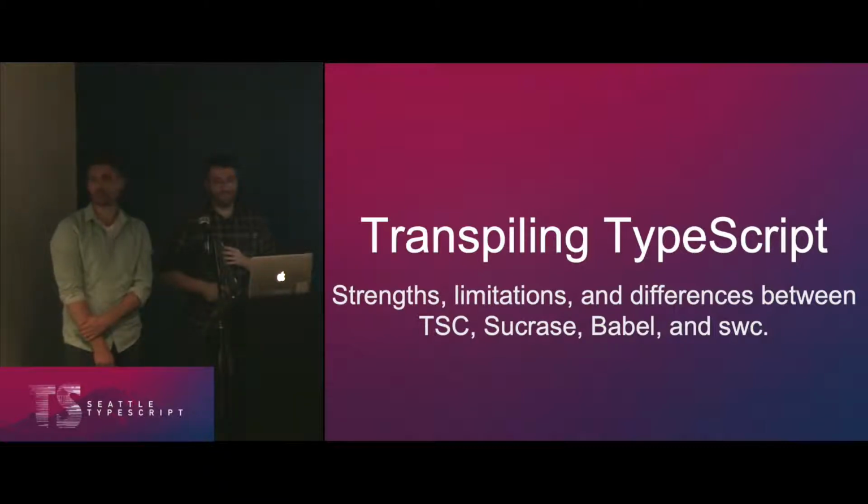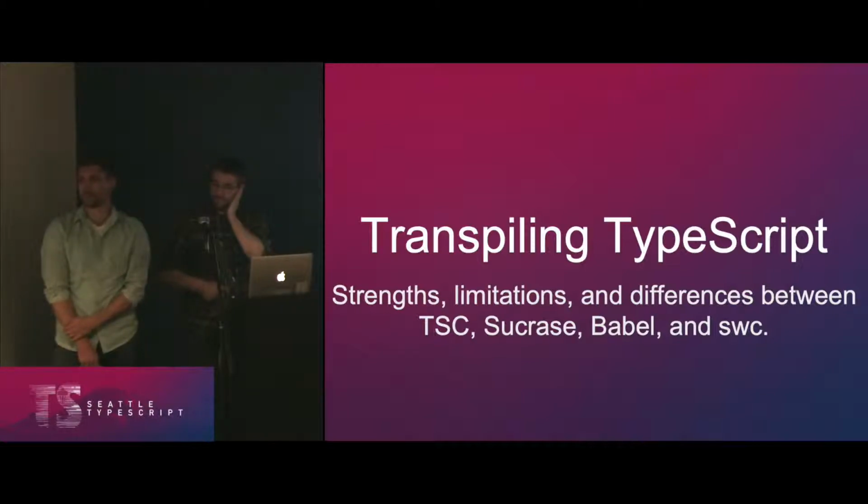Any other questions? Yeah, you mentioned about the Sucrase compiler, that one of its advantages is that it generates very modern JavaScript. When you compare this compiler with the other options, did you set up the target of the other compilers to a modern JavaScript, like ECMAScript 2018?